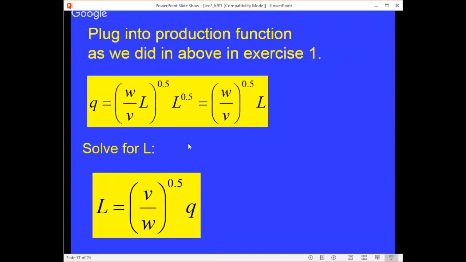Okay, so now I had K in terms of L, so I put this into that function.